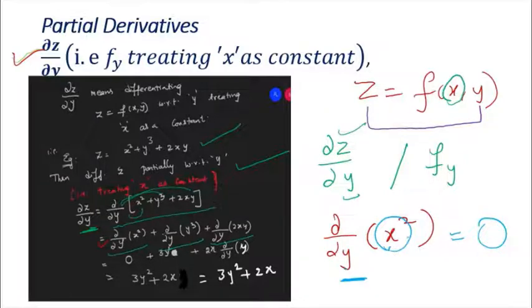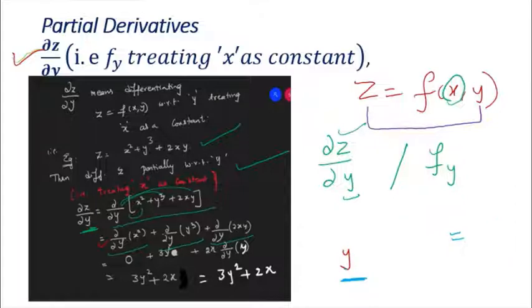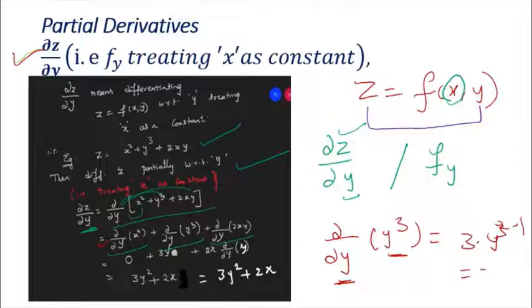Next one is dou by dou y of y cube. You are differentiating with respect to y and the function is in terms of y. So it is 3 into y power 3 minus 1, 3y square. That is clear. And the last term is dou by dou y of 2xy.